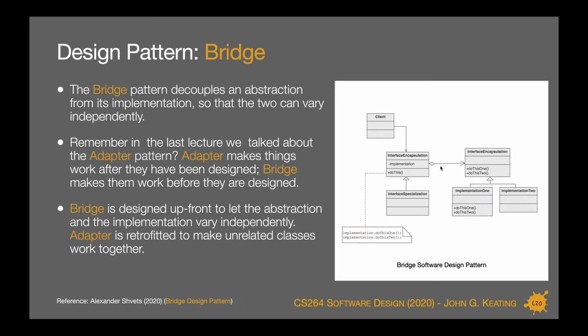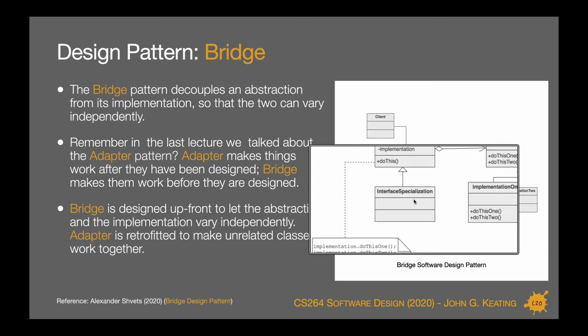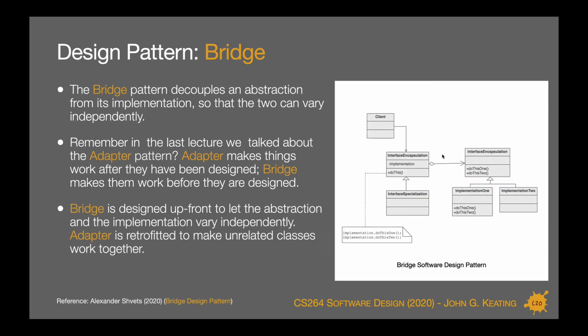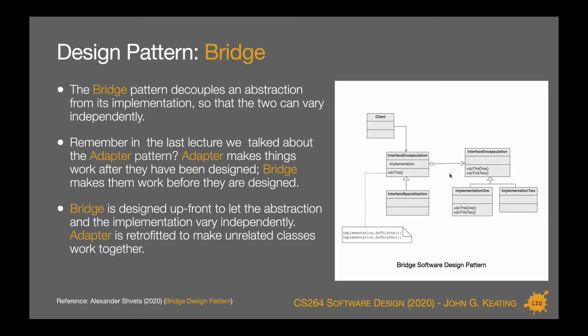Again, you have your client utilizing this interface, specialization of the interface, and then again we have that separation. The bridge is here where we have the actual implementation. So what's happening here is we have this decoupling of the abstraction from its implementation so that they can vary independently.